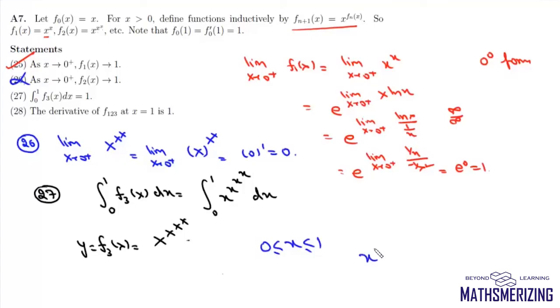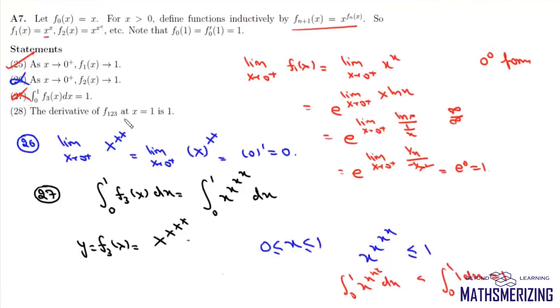Here x to the power x will always be less than or equal to 1. Now the integral from 0 to 1 of x to the power x dx will be less than the integral from 0 to 1 of dx, as this function is not a constant function. Now this is 1. So the value of this integral is always less than 1 and not equal to 1. That means statement 27 is also incorrect.